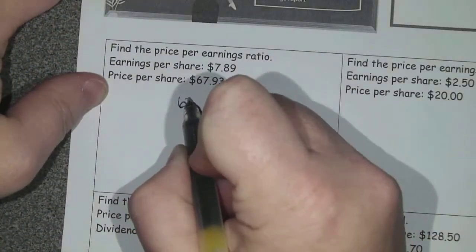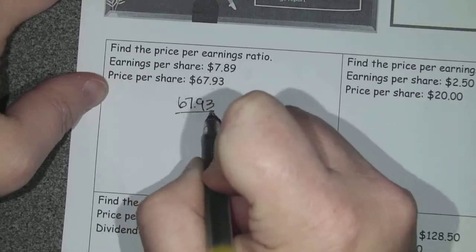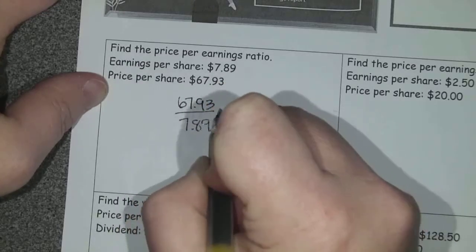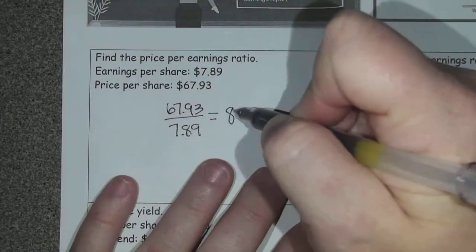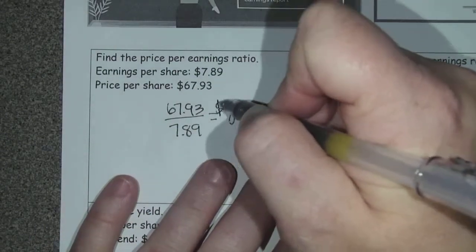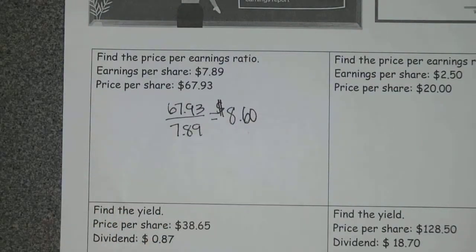So price per share is $67.93, the earnings per share is $7.89. And then, go ahead, Matthew. 8.60. Somebody else agree with that? Yes. That's your price per earning ratio. That wasn't even crazy hard.